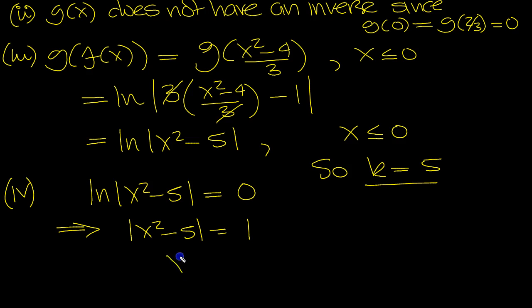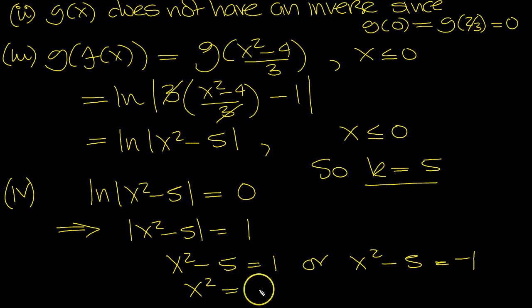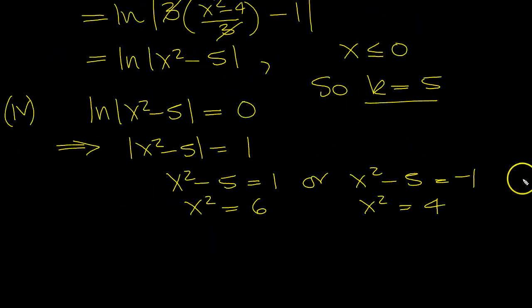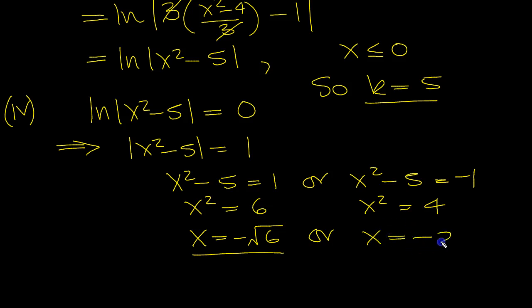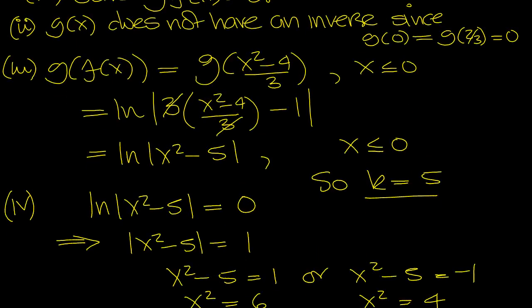That means that x squared minus 5 can equal 1, or x squared minus 5 equals minus 1. These are the two possibilities. x squared, move the 5 over, you get 6. Move the 5 over here, you get 4. Square root, don't forget x is negative, so x is equal to minus root 6, isn't it? It's the negative solution. And x equals minus 2.